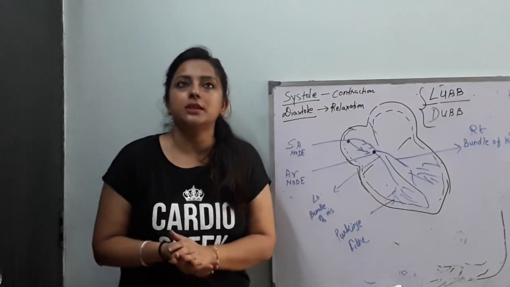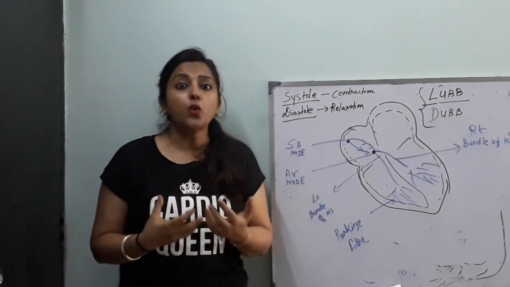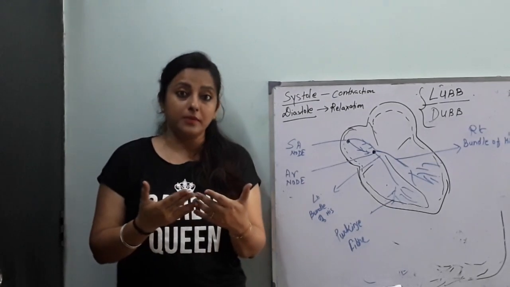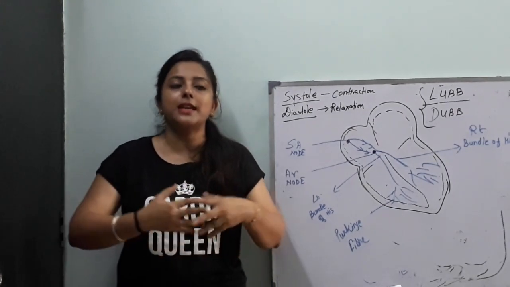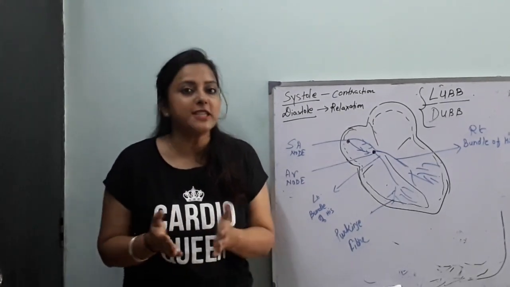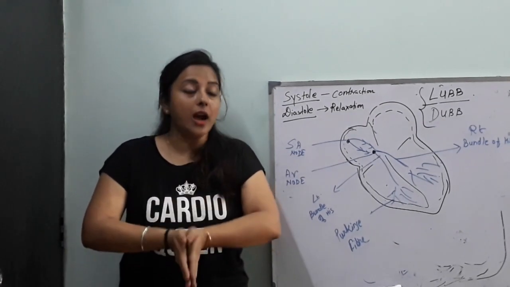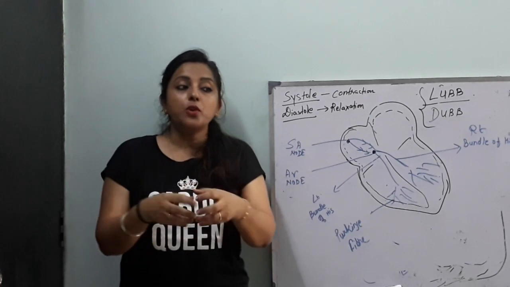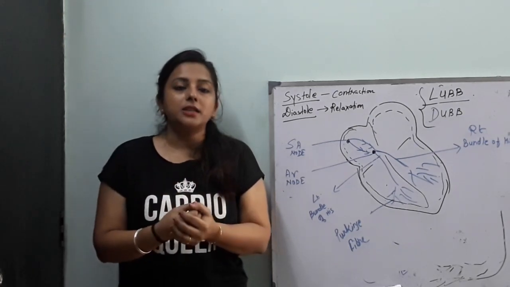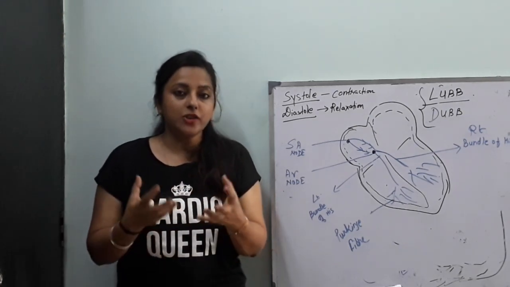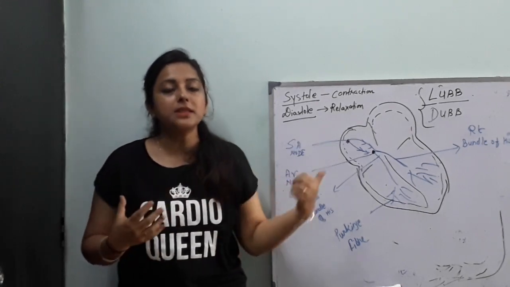Our heart produces its own beat without any permission from the nervous system. That is why it is also called a self-excitatory system. Now, the conducting system of our heart: how the heart produces beats, and how conduction of the electric impulse happens in our heart.